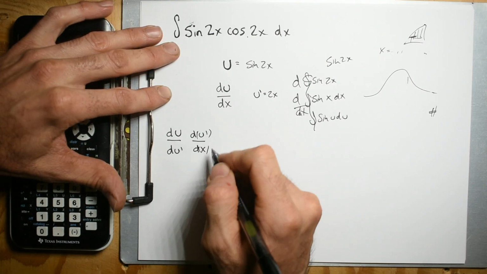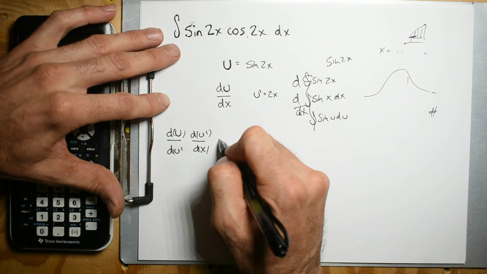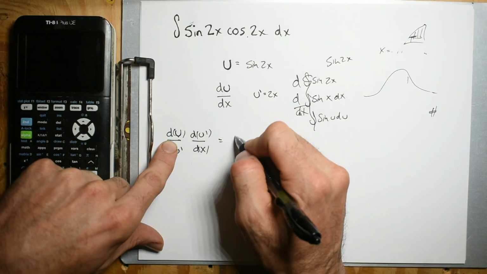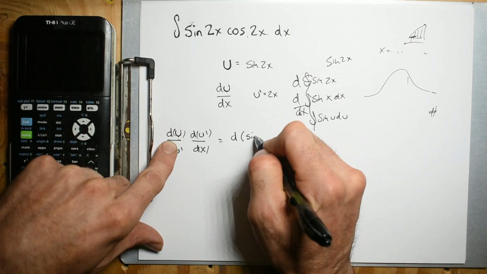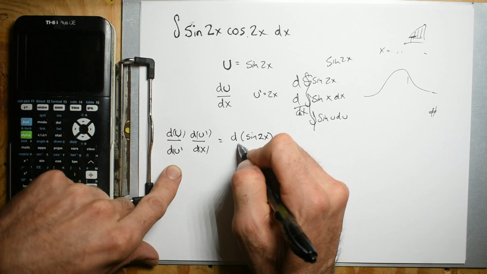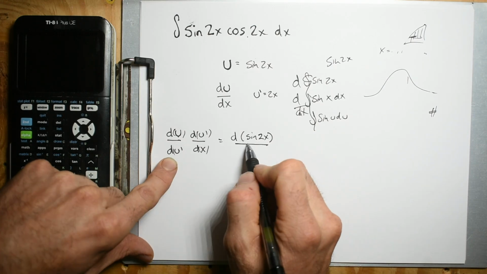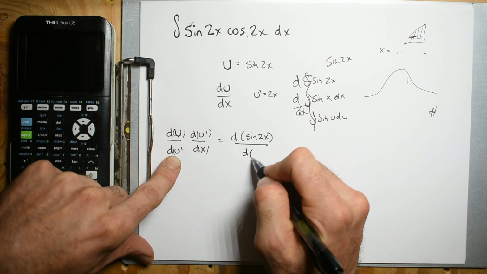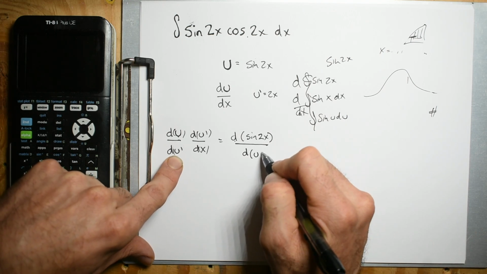And I would put parentheses in here, I don't know, let's see. So what is the derivative of u? We just said u is all this, so this is the derivative of sine, yeah, so if you do it like this, you screw yourself over again, because you just have the derivative of sine 2x, and you're trying to change this variable u prime.